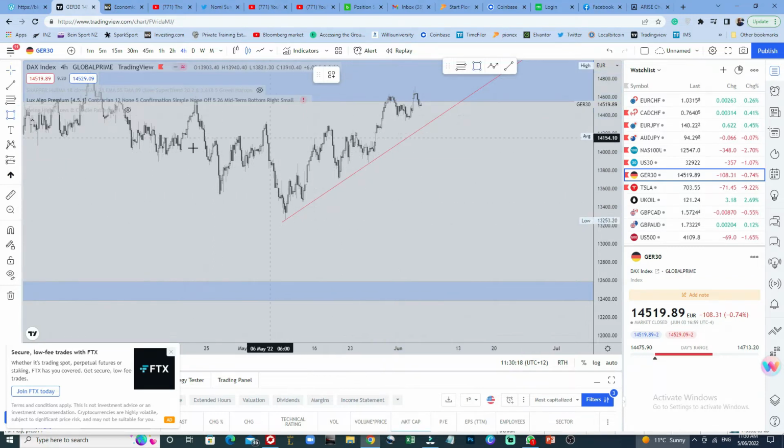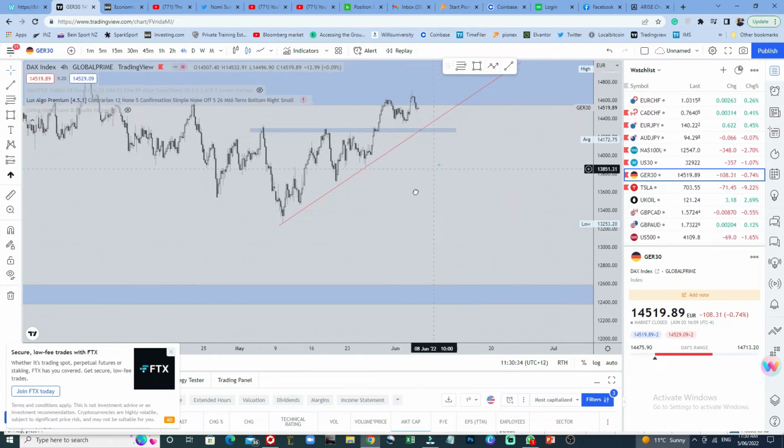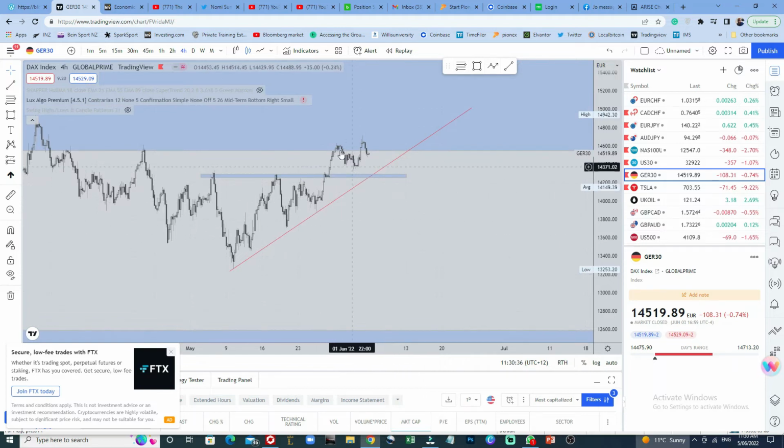You can see that the market is creating structures and pushing to the upside. So we are trying to identify how the market is breaking levels or retesting levels. Either it's breaking a level or it's retesting a level.